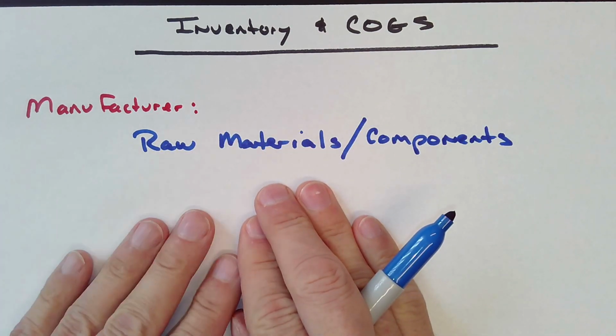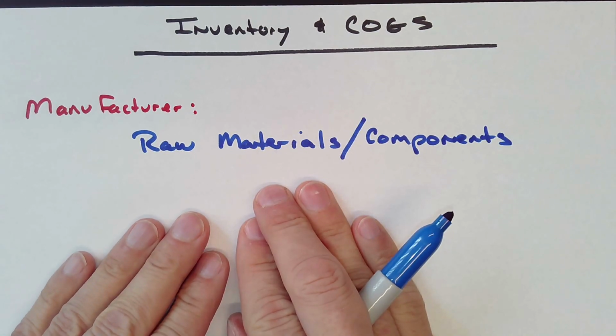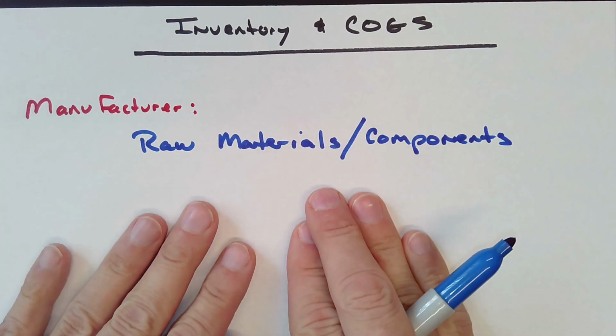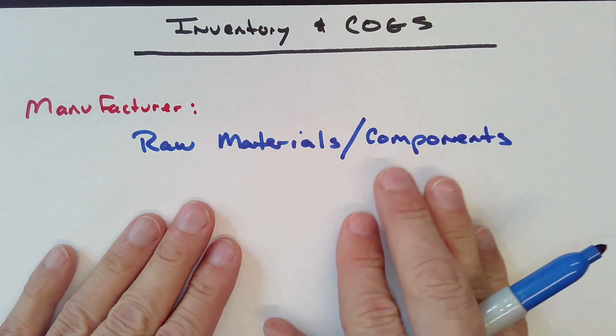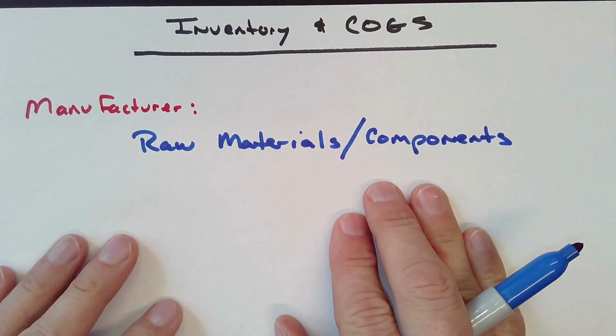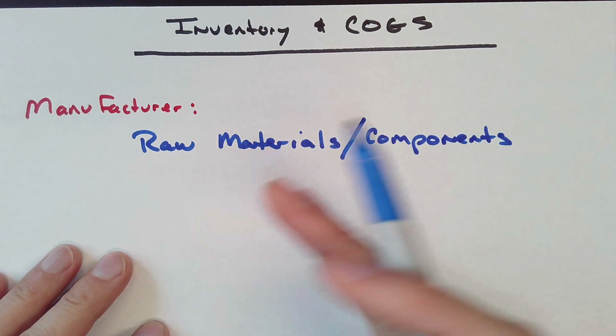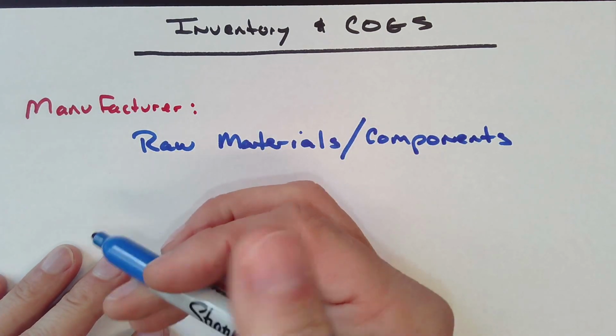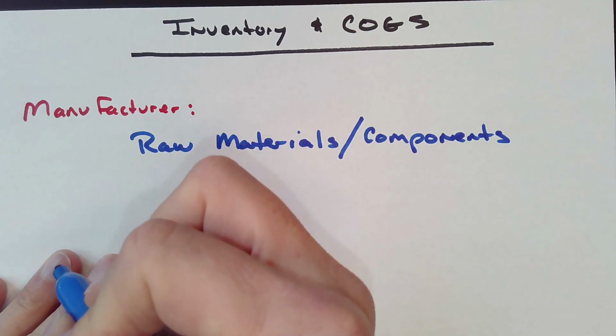We then need some individuals to build it, to create it, right? So there's probably some assembly and construction costs, right? So how do you assemble and construct the goods?